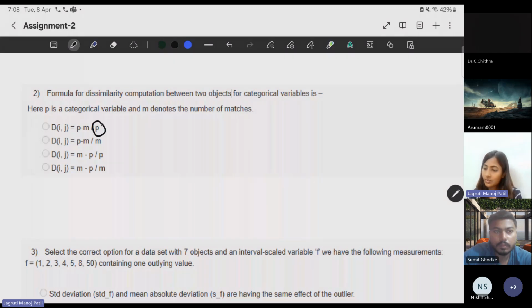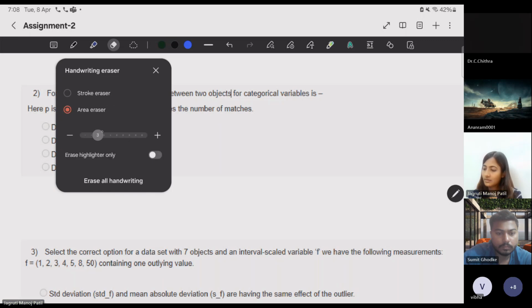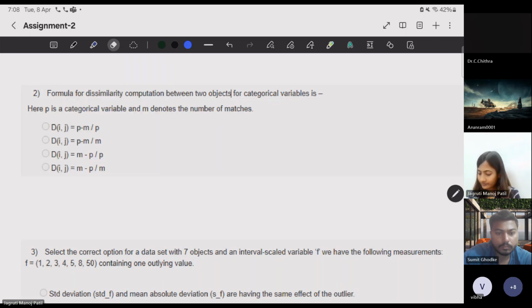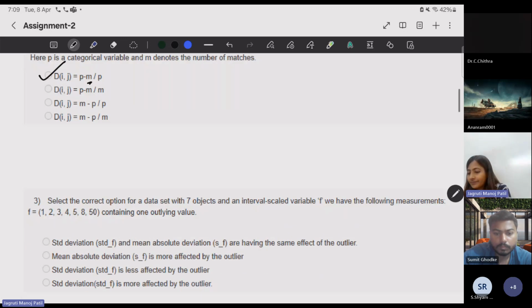We saw p was the total number of variables. So the answer should be within your first option and third option. What can it be? Which one? First. Yeah, exactly. So you take the total number of variables and you subtract from it the number of matches, and you get your dissimilarity matrix.